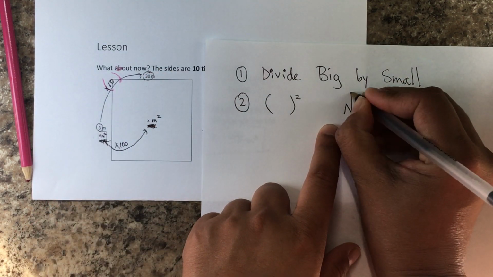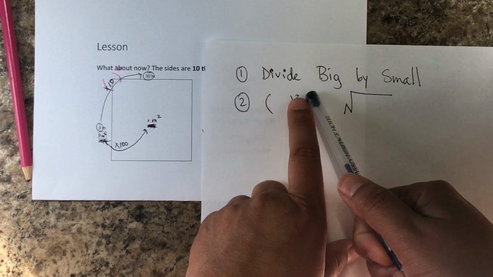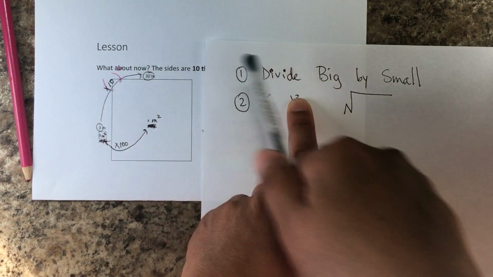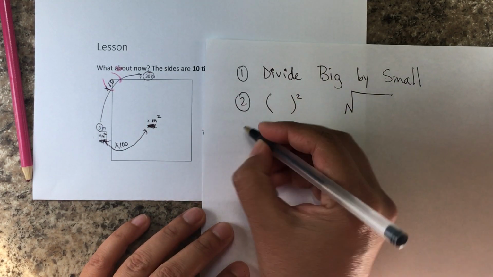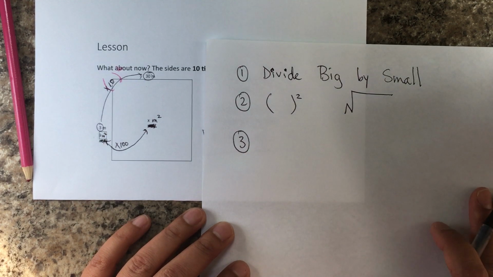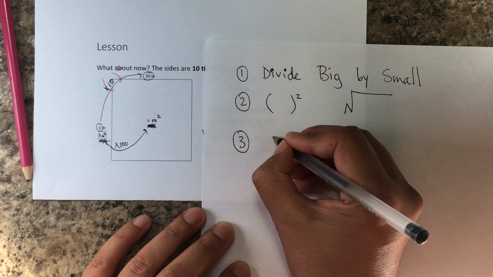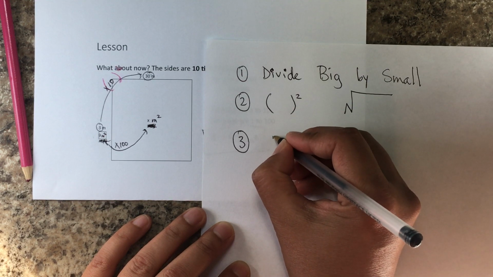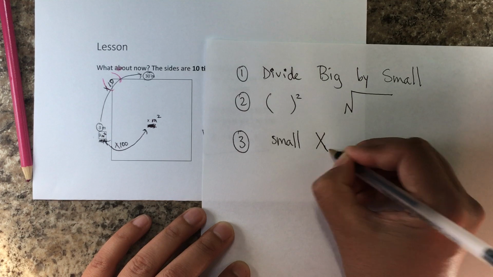So you're going to take the square root. Okay, so that's the second step, to either square that number that you found in number 1, or take the square root. And it will make more sense when we apply it. And the third step is either to multiply the small one times the value, okay?